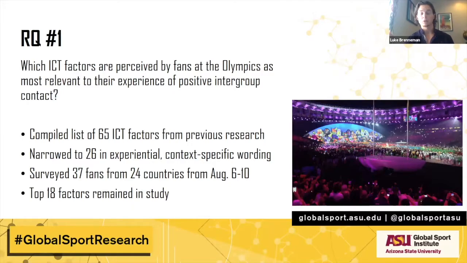So I combed through the research and found 65. It's probably not completely exhaustive, but hopefully close. 65 ICT factors from previous research that are shown to have these positive effects. And I narrowed those 65 down to 26 in experiential context-specific wording for fans of the Olympics.